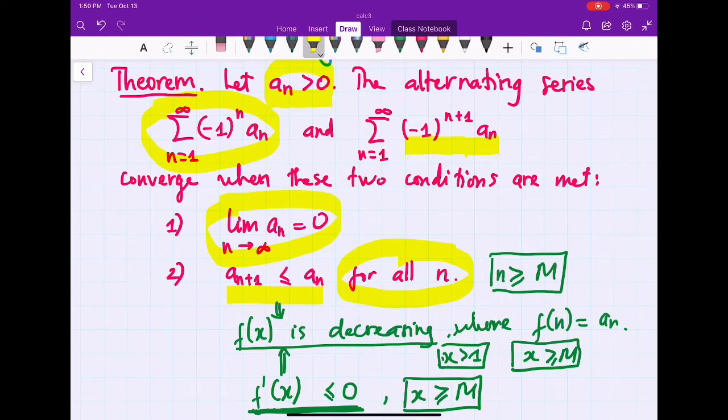And even if the limit of a_n is 0, there is no guarantee that the series converges. So for alternating series, that is again not a guarantee, but we need that condition, so we need to check that. Does that make sense? Together with the second condition, that will guarantee the convergence of our alternating series.